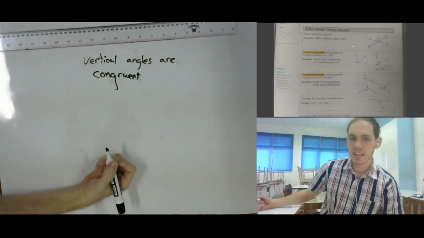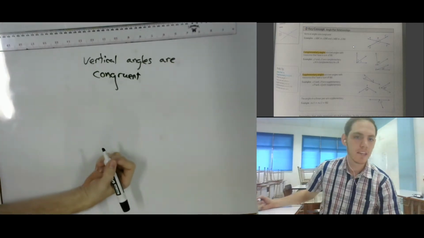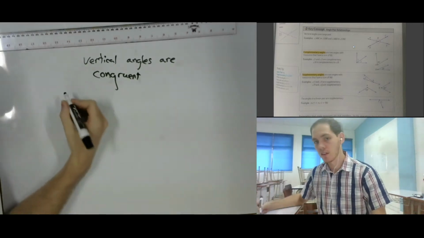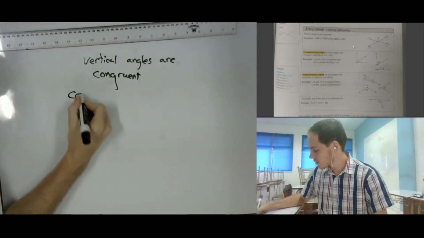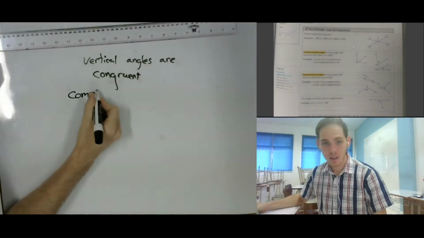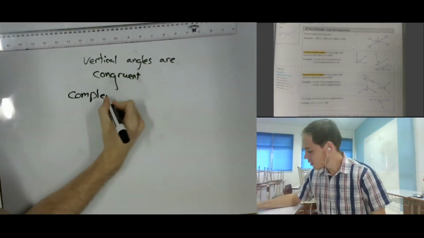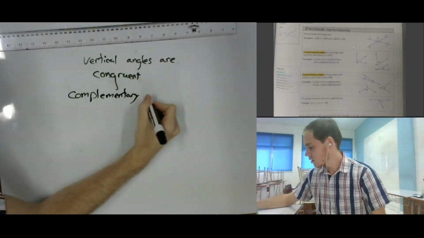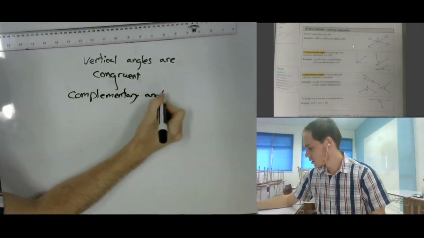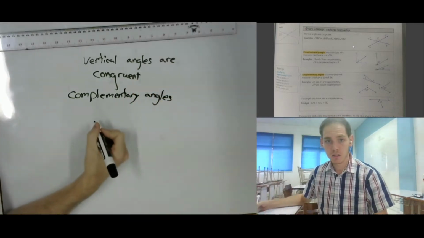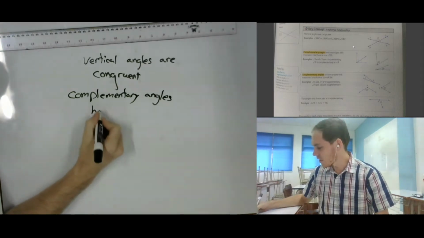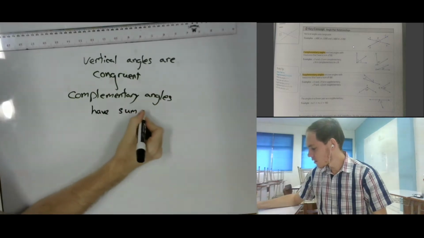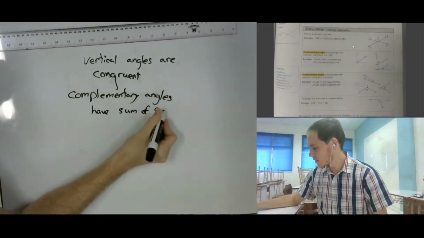Complementary angles are two angles whose measures have a sum of 90 degrees.